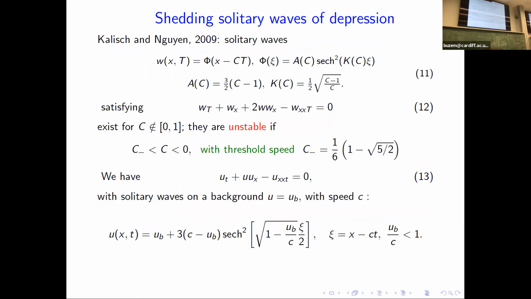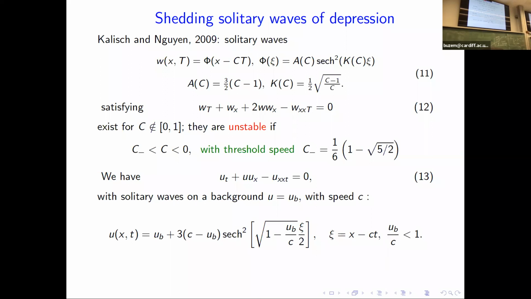Okay, so now let's talk about the solitary waves that appear when we decrease u minus from the linear regime. First of all, solitary waves were studied by Kalisch and Goeng a decade or so ago.